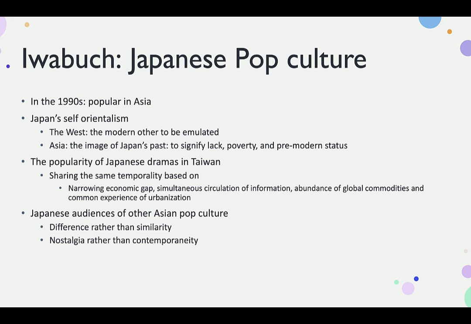Japan is still economically more developed, but Taiwan is catching up. This information is simultaneously circulated in Japan and Taiwan, and global commodities are consumed by both. They also share the common experience of urbanization. So Taiwanese people watch Japanese dramas feeling that we are living in the same modern time.